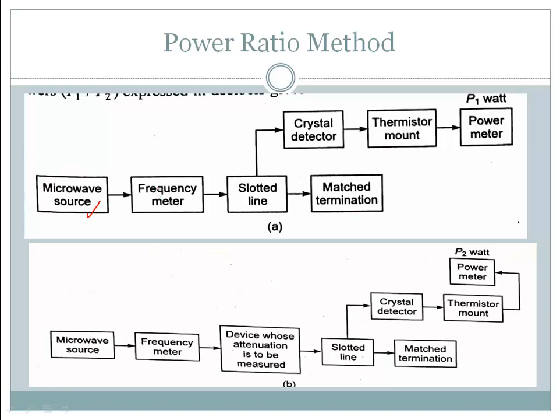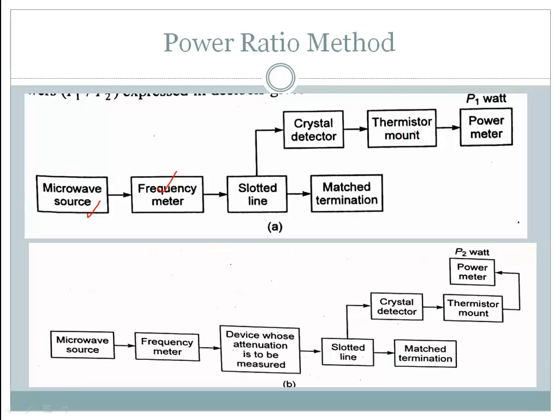The frequency meter is used to measure the frequency of the input signal. The output of the frequency meter goes to the slotted line, and the output of the slotted line goes to the matched termination where the power is to be absorbed.